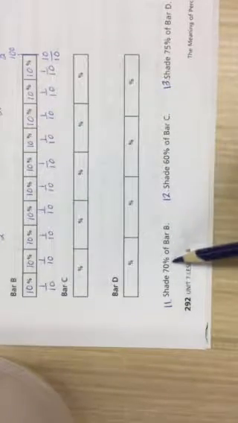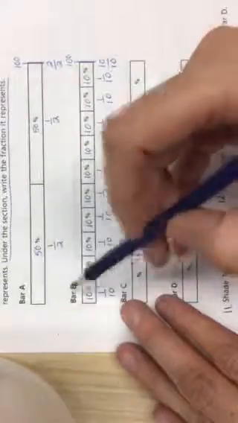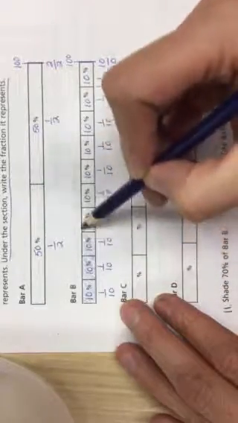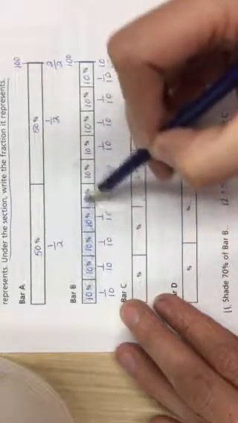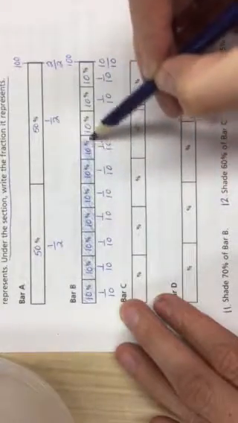Now coming down to number 11, 12, and 13, we're going to need our colors again. And it says go to bar B and shade 70%. So if this is bar B, I can add these 10%s up by going 10%, 20%, 30%, 40%, 50%, 60%, 70%.